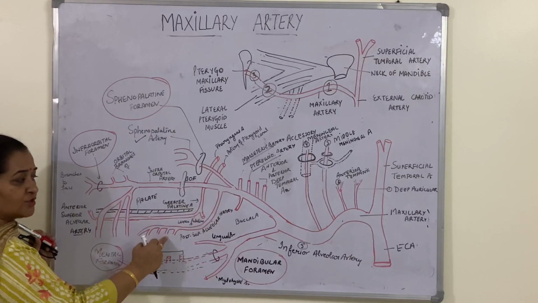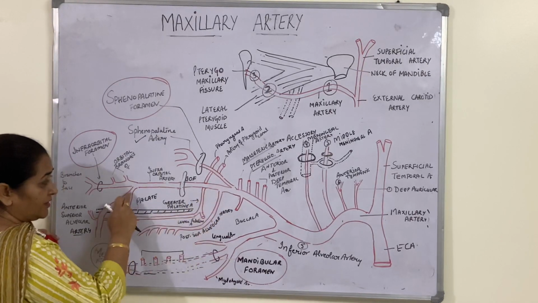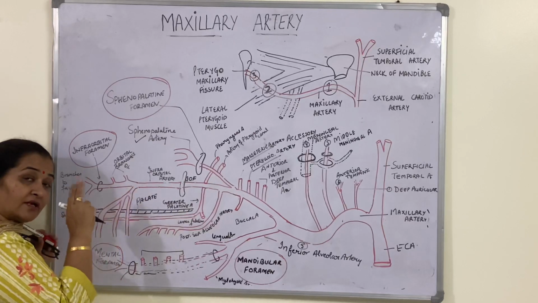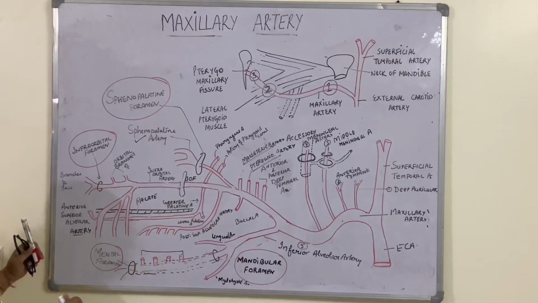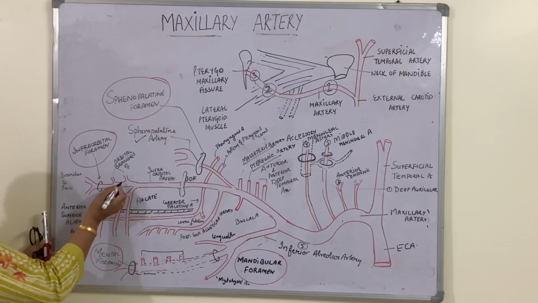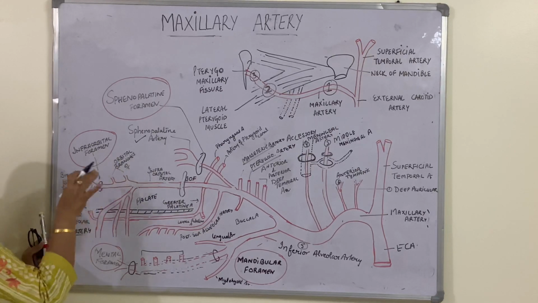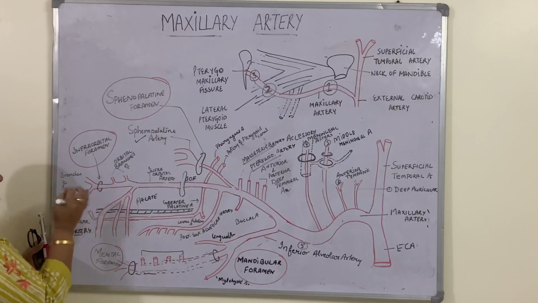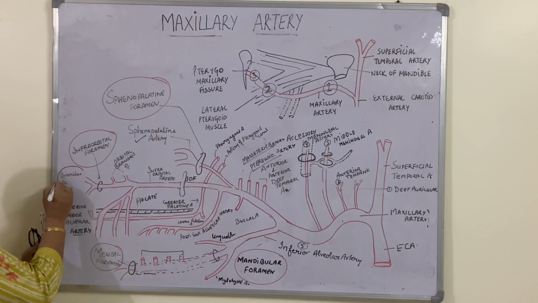The posterior superior alveolar artery was arising in the pterygopalatine region, while the anterior superior alveolar arteries arise within the orbit from the infraorbital artery. After giving branches to the orbital portion, the infraorbital artery leaves through the infraorbital foramen onto the face and gives branches to the face.